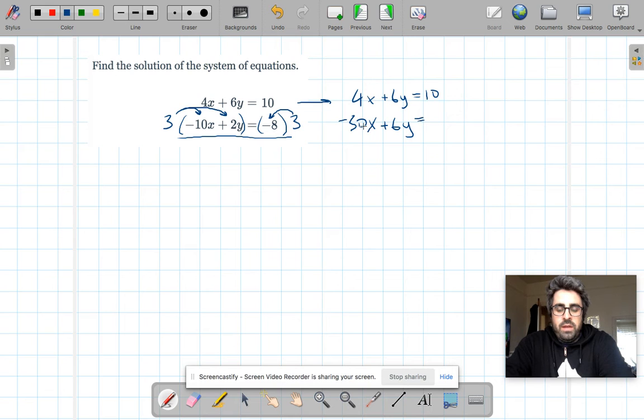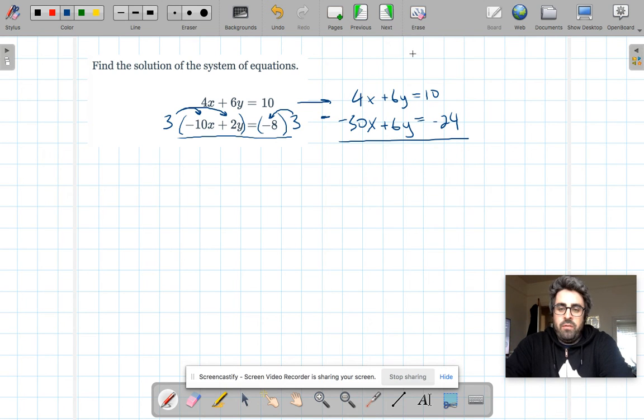And finally, on the right-hand side, 3 times negative 8 is negative 24. So now, if I subtract these two equations, I will get a cancellation. So I'd have to subtract these two. If I add, obviously, I won't get a cancellation because 6 plus 6 is 12. So I have to subtract.